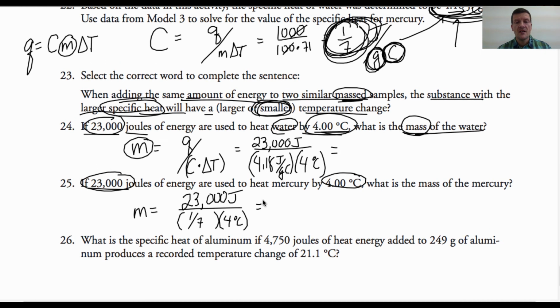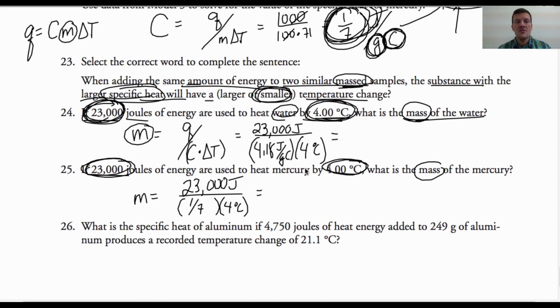Now, I already can tell you, just knowing that the water has a higher heat capacity, that this energy right here to change the temperature of the water is compared to the same energy down here for mercury, and the delta T is the same. I know that this value here for the mass of the water is going to be a lot less than the value down here.